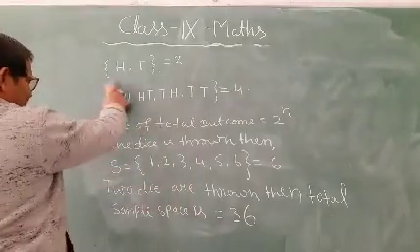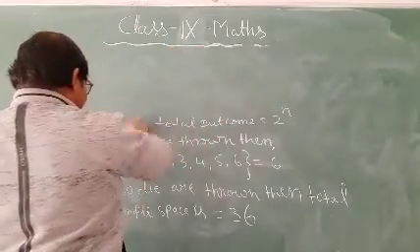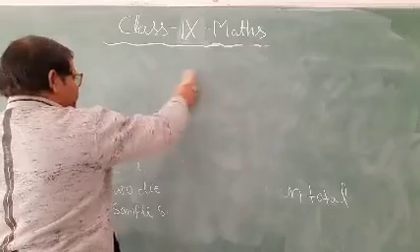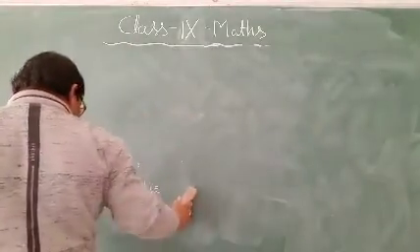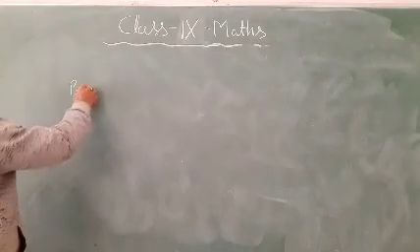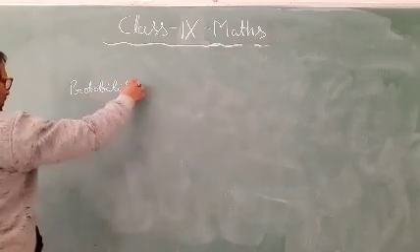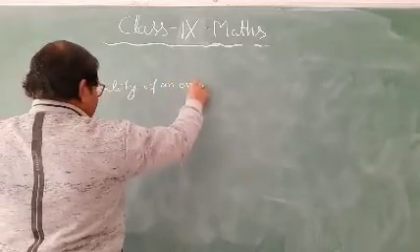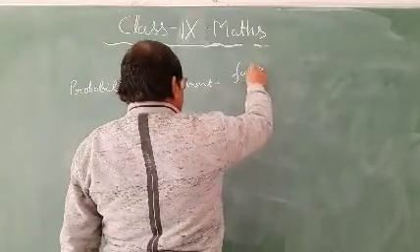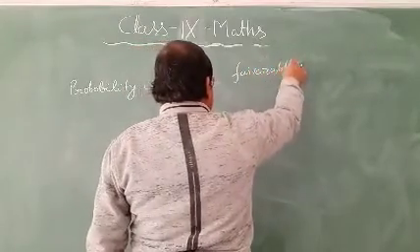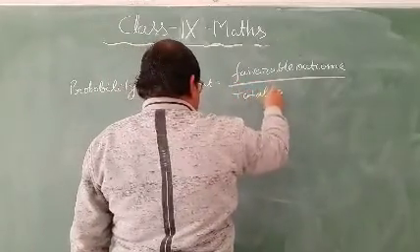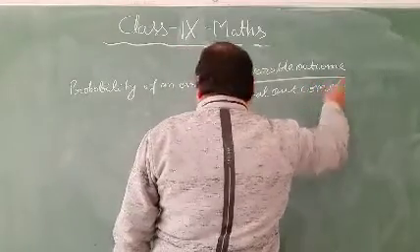Probability of an event. The probability of an event is equal to favorable outcome upon total outcome.